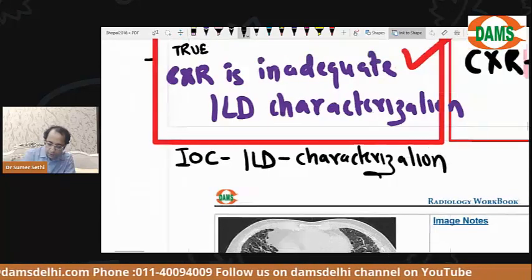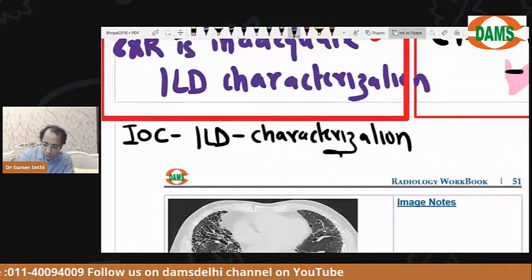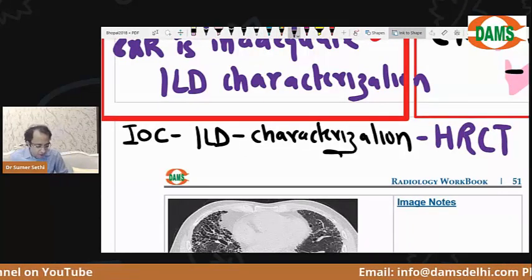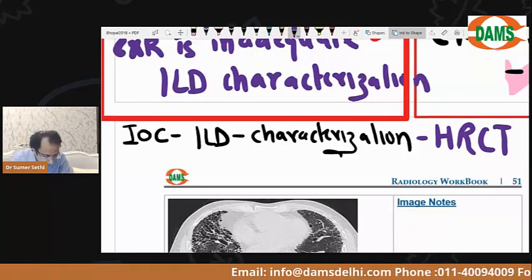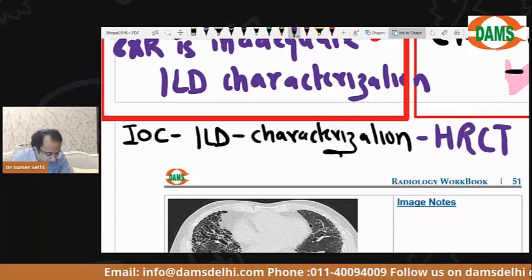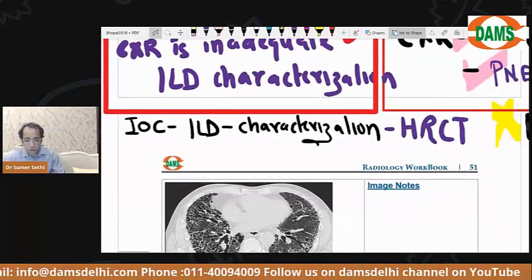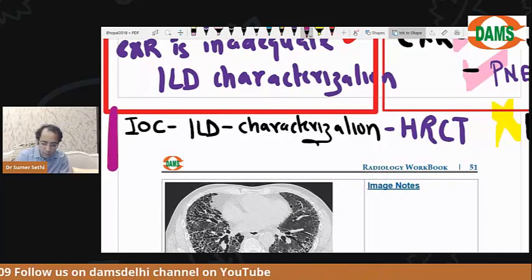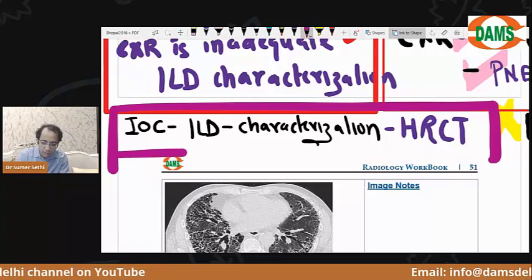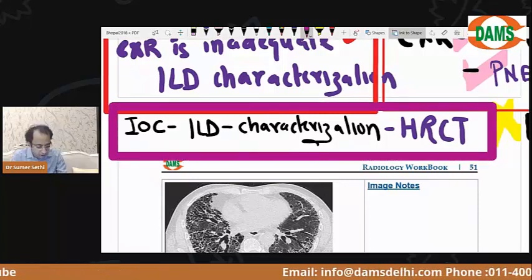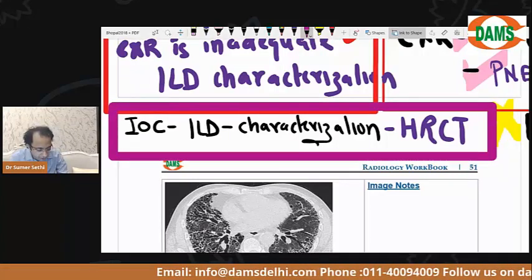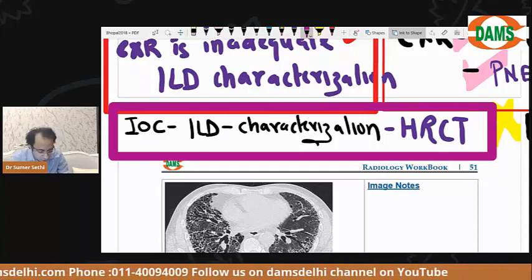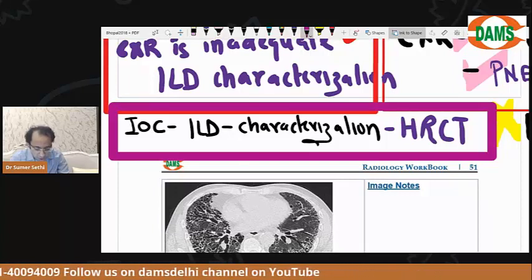If X-ray is not enough, what do we do? That is where we do something called HRCT of the lung. Before doing a biopsy, we will do something non-invasive. So the investigation of choice to characterize an interstitial lung disease is high resolution CT of the lung. This statement was asked last year in NEET PG as well. What is the investigation of choice for interstitial lung disease characterization? High resolution CT, HRCT. Everybody clear?